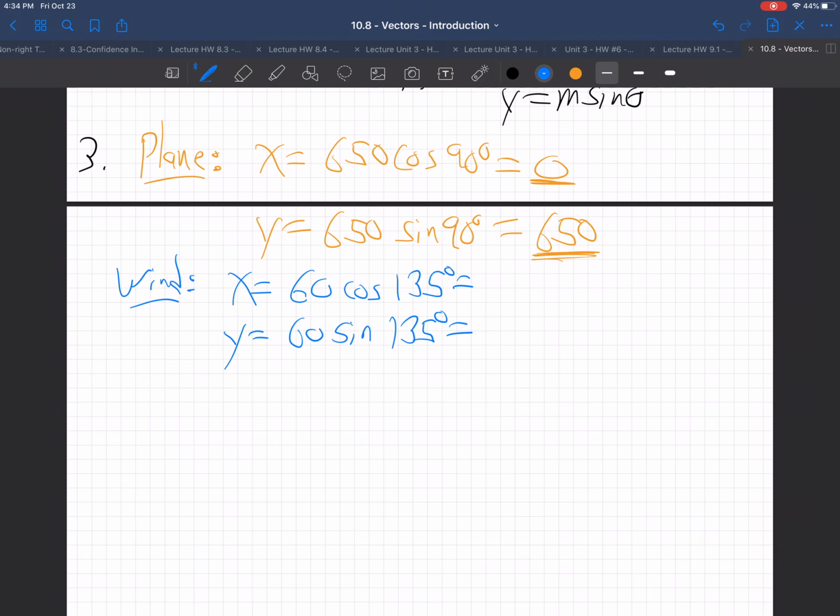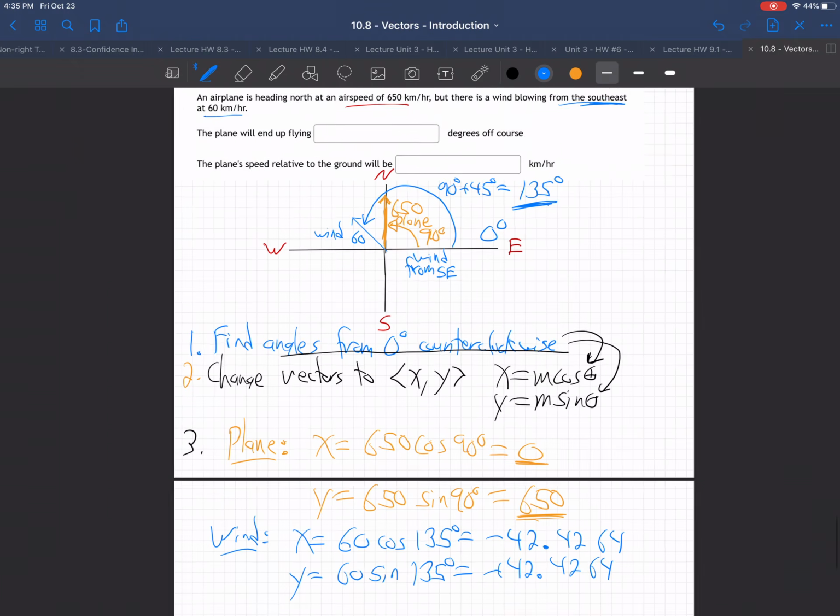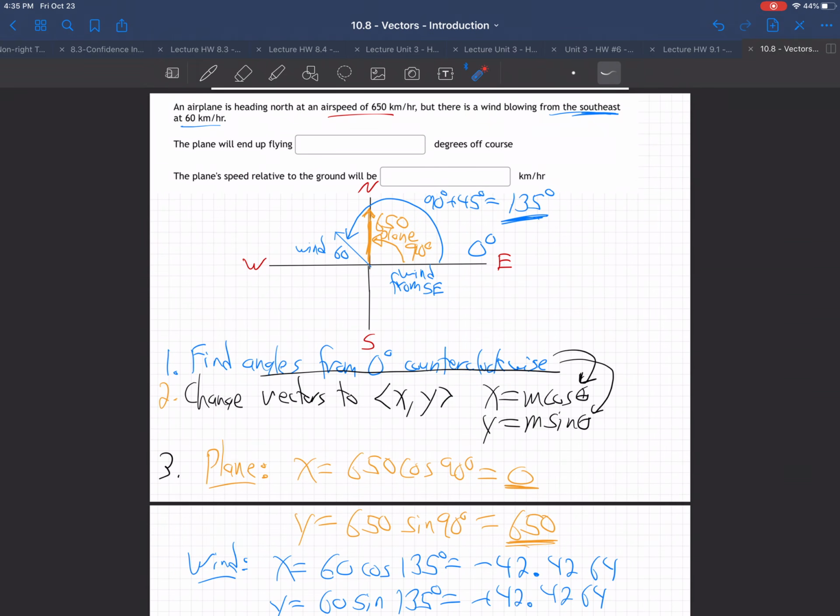So using my calculator, I'm getting minus 42.4264, and the other one is the same thing but positive, 42.4264. And that makes sense, doesn't it? That the wind is back and up. So it's negative on the x, positive on the y.